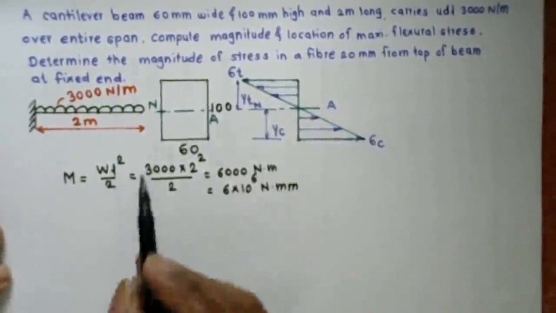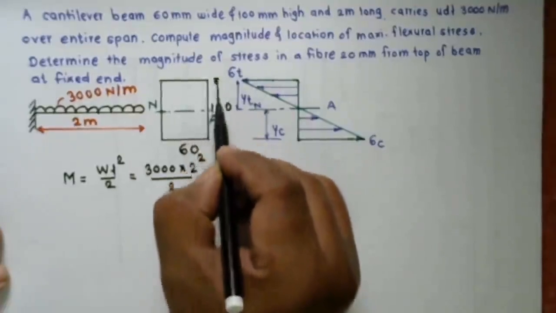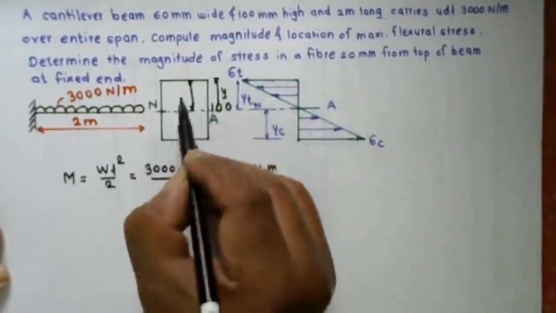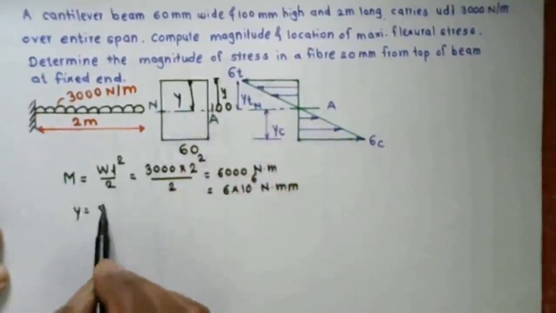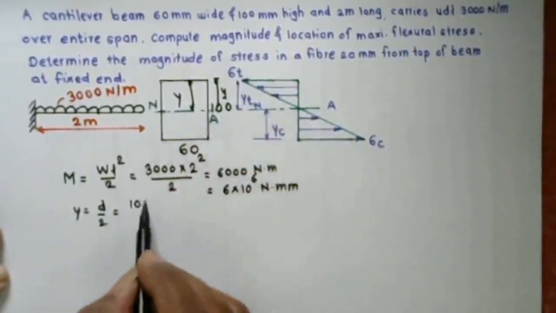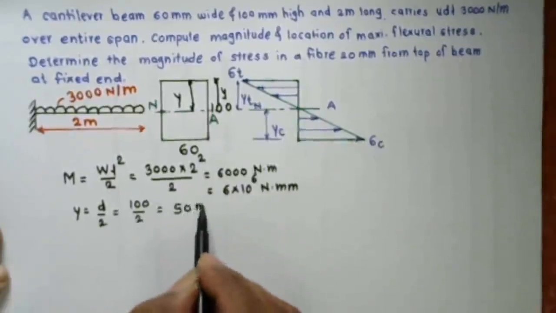Now y means the distance of the outer fiber from the neutral axis. The total depth is 100 mm, so y is equal to d by 2, which is 100 by 2, so that becomes 50 mm.